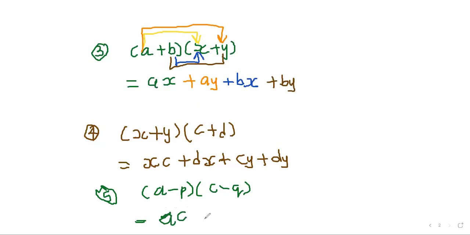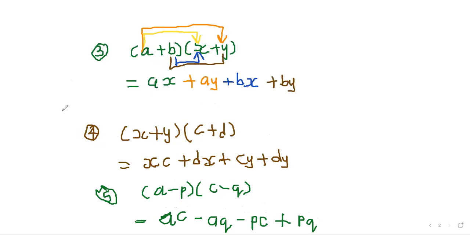Then a times negative q, that's negative aq. Then negative p times c, that's negative pc. And then negative times negative is positive, so p times q is pq. That's basically how you'll get this.